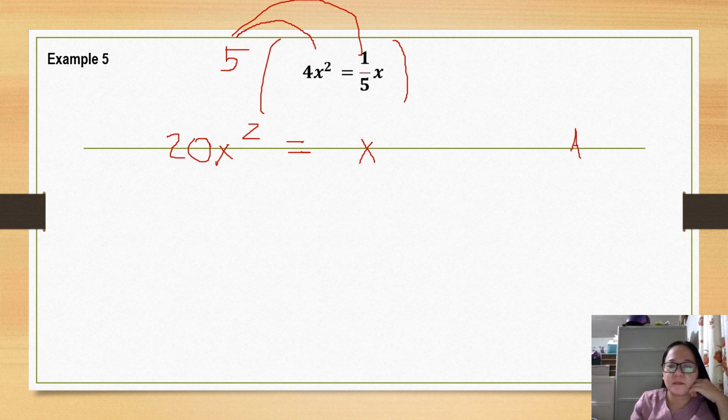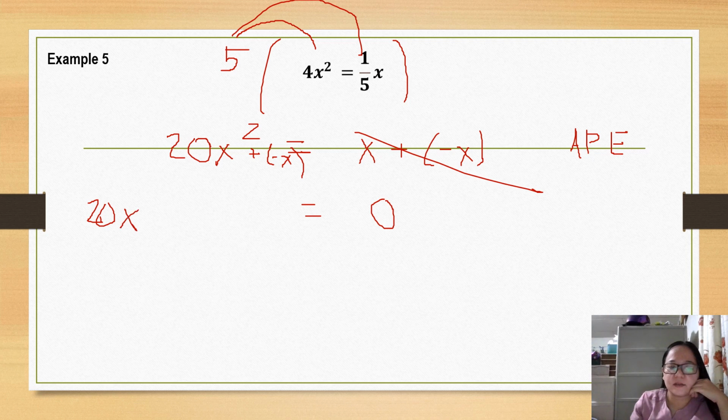Apply addition property of equality. To make the right side of the equation 0, we will add here negative x. So if we add negative x on the right side of the equation, we must also add negative x on the left side of the equation. Now the right side of the equation becomes 0, and then the left side we have 20x squared minus x.